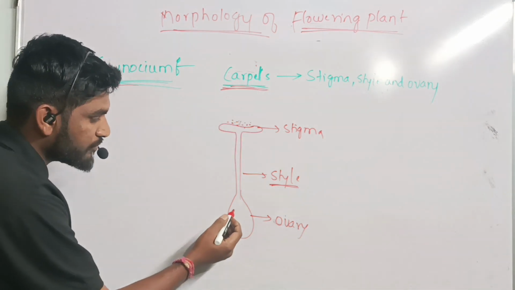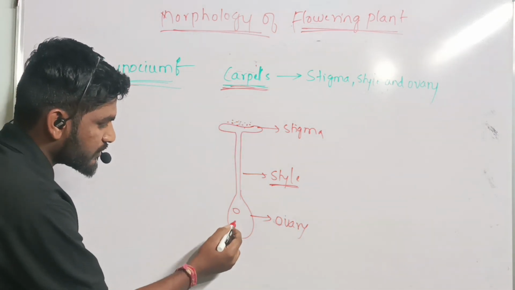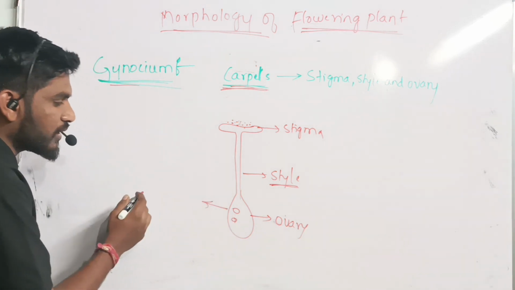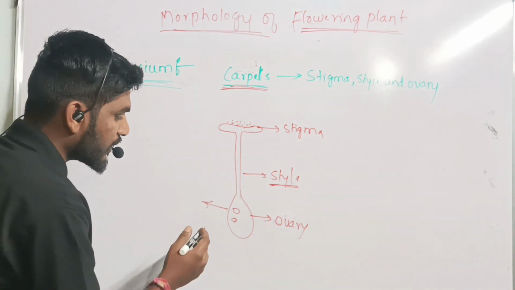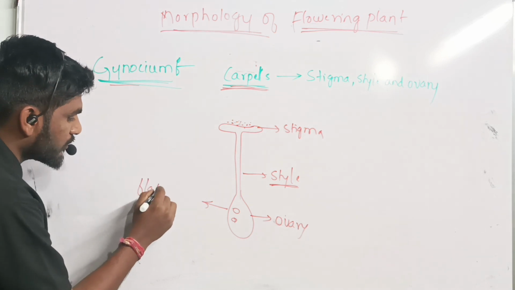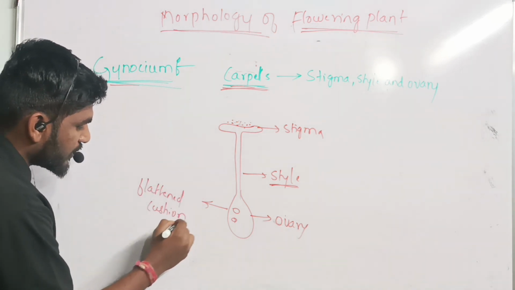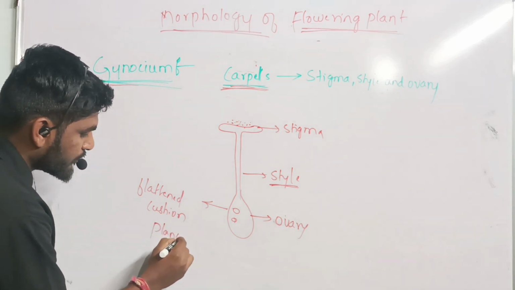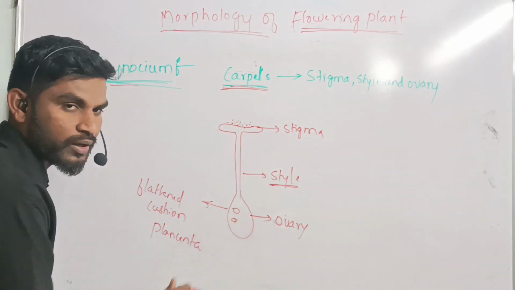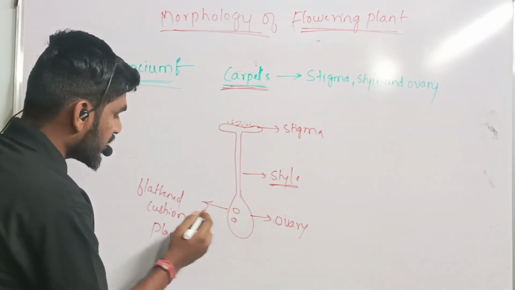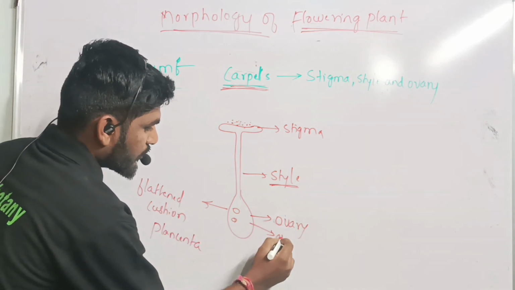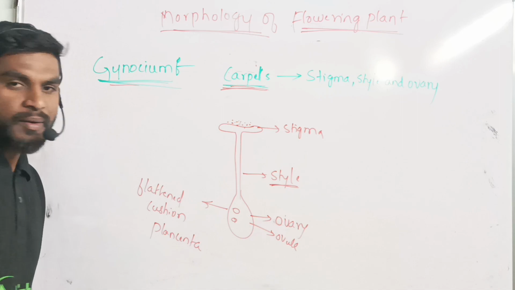Each ovary consists of one or more carpels which are attached to a flattened cushion, the placenta. The placenta will be present inside the ovary, and the ovules will be attached to the placenta.